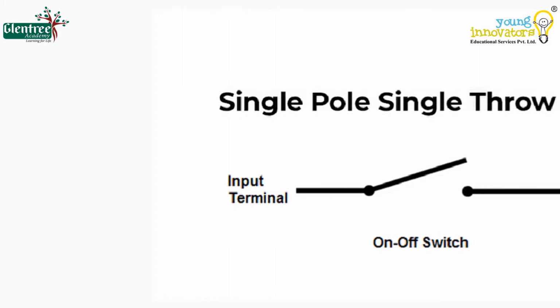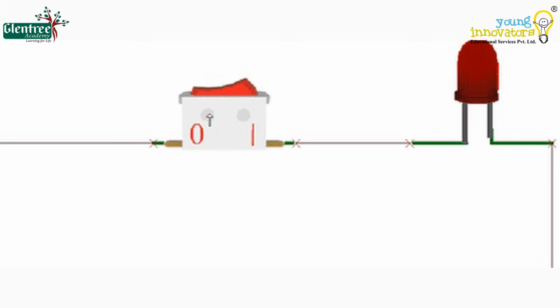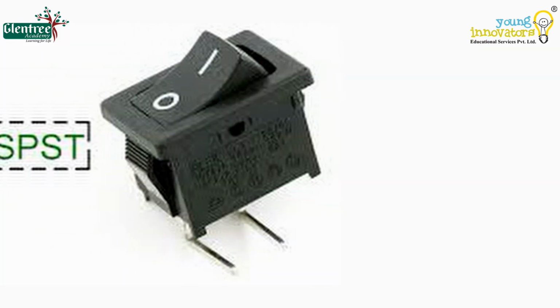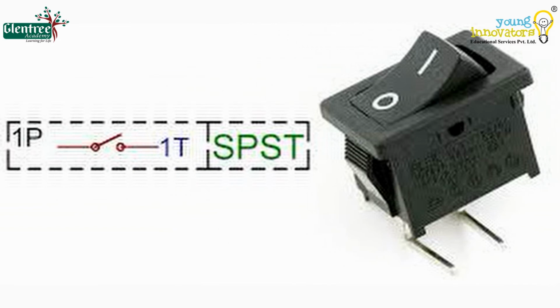Single pole single throw or SPST switches are the ones that have only one pole and one throw. They have two terminals. It can be on when it is pushed to one end and off if it is pushed to the other end. These are the switches that are found in our places. This is how they look, and the internal connections of the switches are as shown.